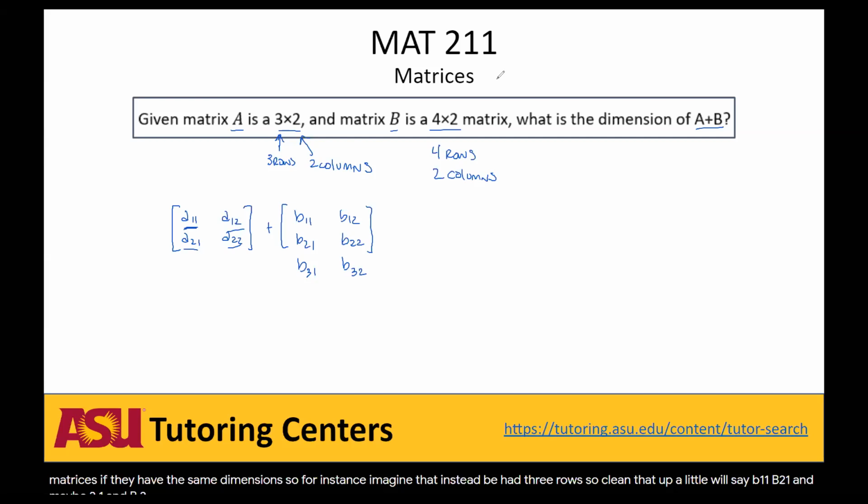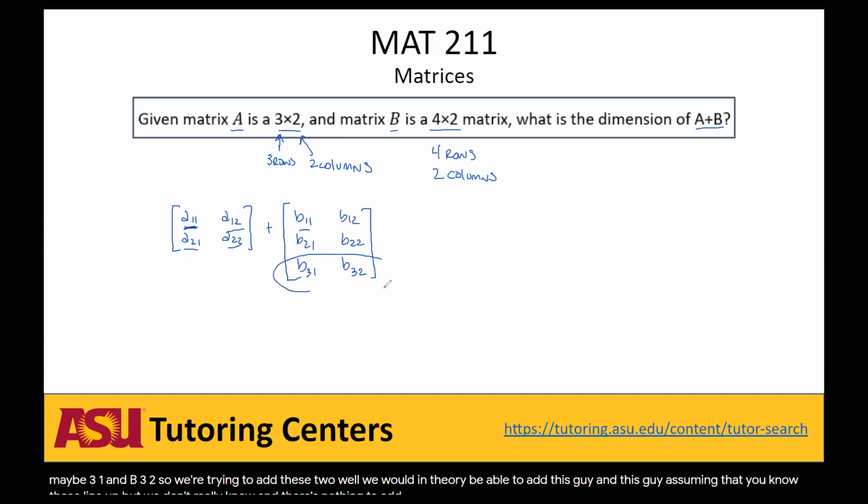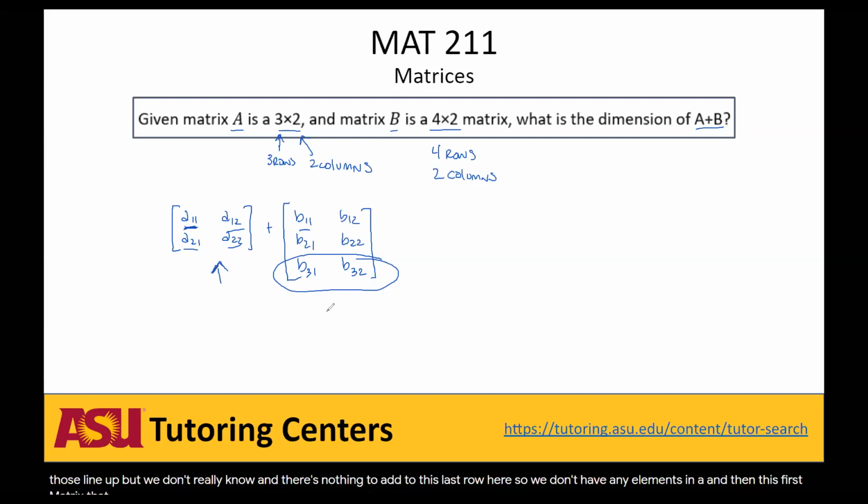So say we're trying to add these 2. Well, we would, in theory, be able to add this guy and this guy, assuming that those line up, but we don't really know, and there's nothing to add to this last row here. So we don't have any elements in A in this first matrix that correspond to that. So this would be undefined.